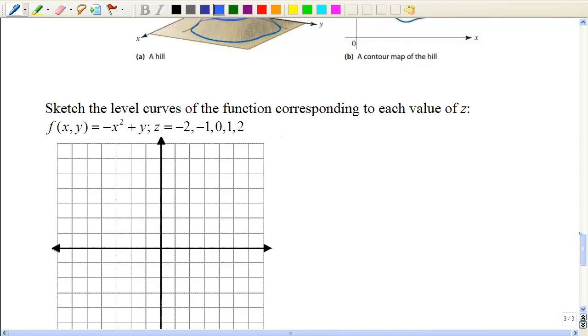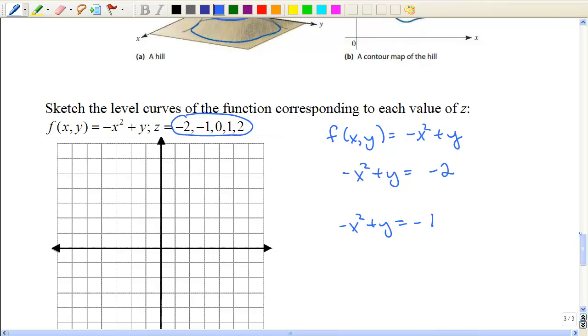So if we take this function and I want to graph it with these being the different z, you're just going to take this function and let it equal each of those values and graph. But before we graph, it might be easier to solve for y.